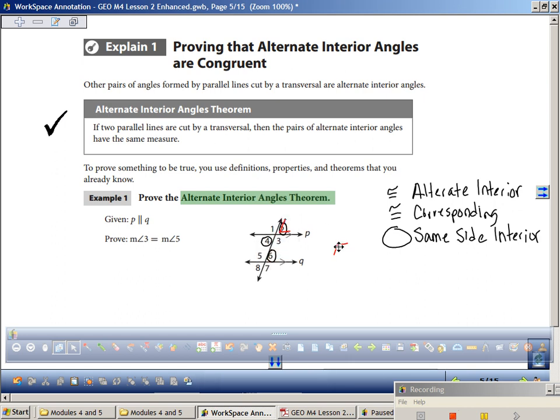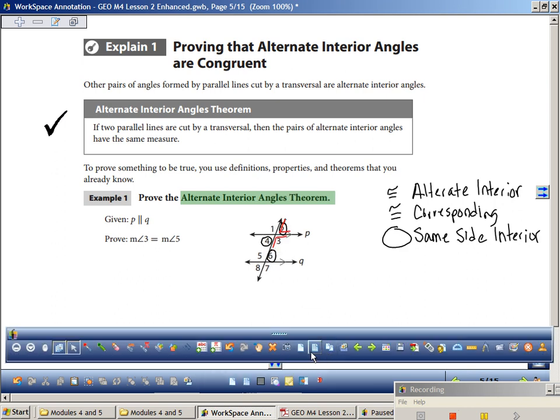Put it in the same spot where 2 is, and 2 and 3 are a linear pair. See how it's all connecting? Okay. So we say that same side interior are supplementary.